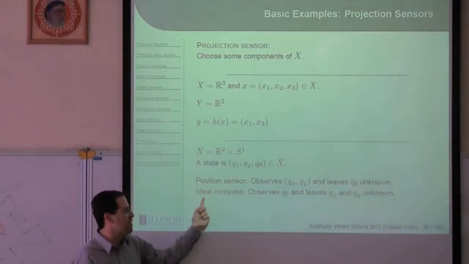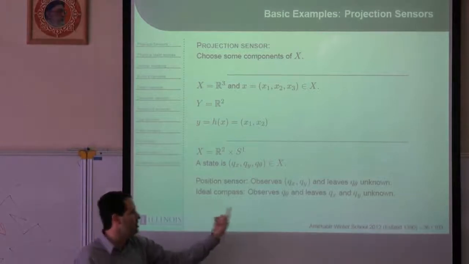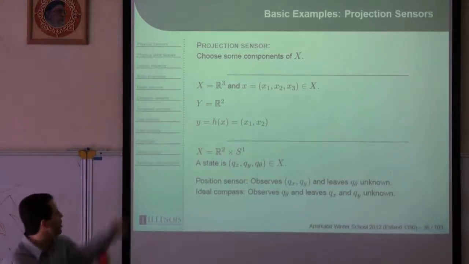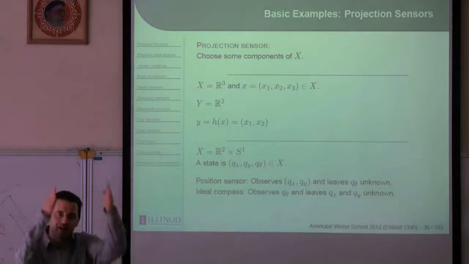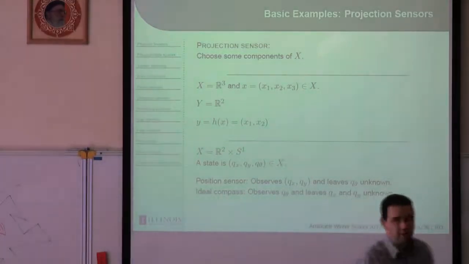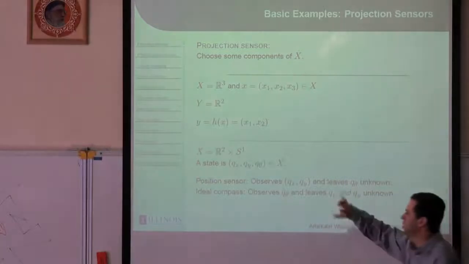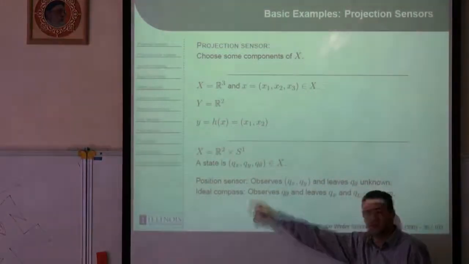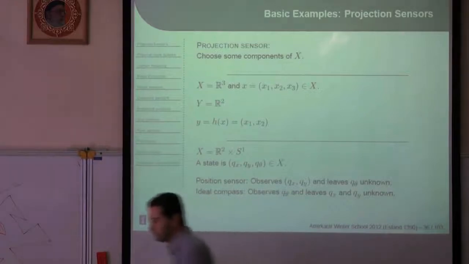Maybe I have an ideal compass. It tells you your orientation, but cannot tell you your position. So there's another nice symbol. I call them projection sensors. They just tell you exactly some of the coordinates by direct projection. So that one's actually less boring than the previous one. This can give you very useful information. It corresponds to virtual sensors that we use in robotics all the time.